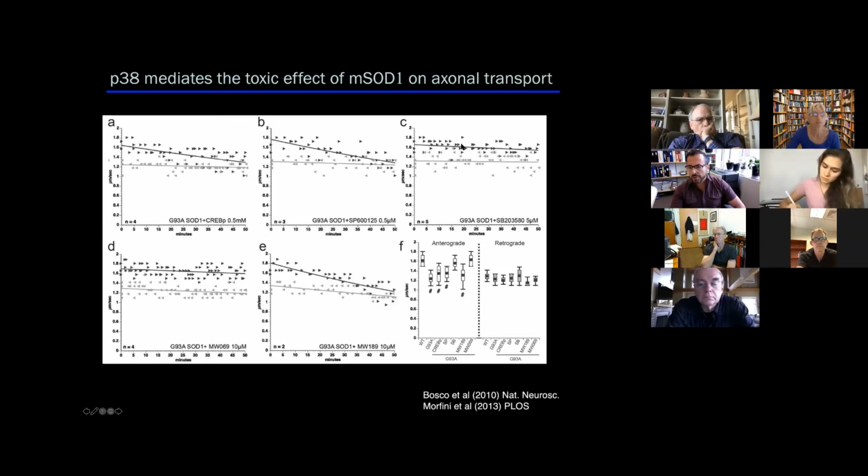But the first surprise came when we tested an inhibitor of P38 MAP kinases, because that inhibitor significantly restored anterograde axonal transport when co-perfused. You have to remember, this is the same experiment I showed you before, but with an inhibitor of P38. So somehow the effect is no longer visible.